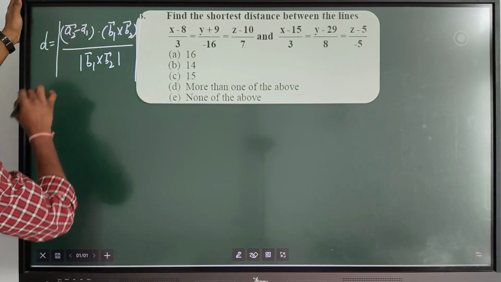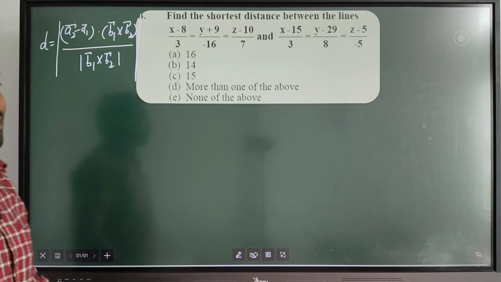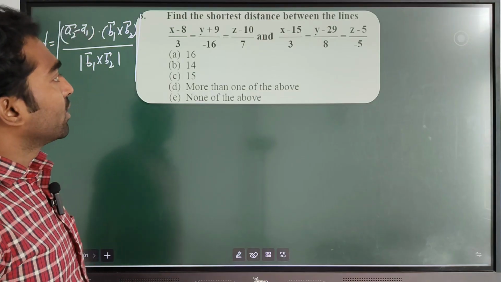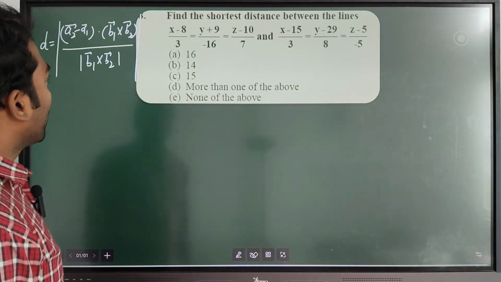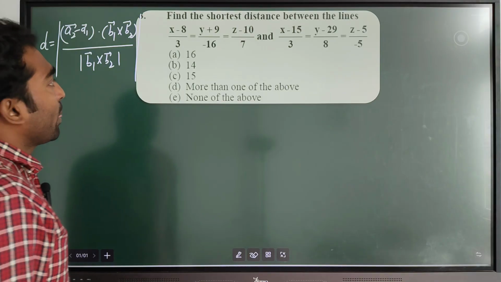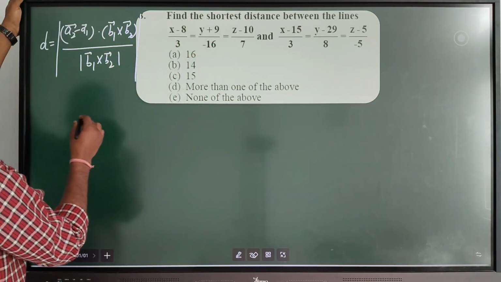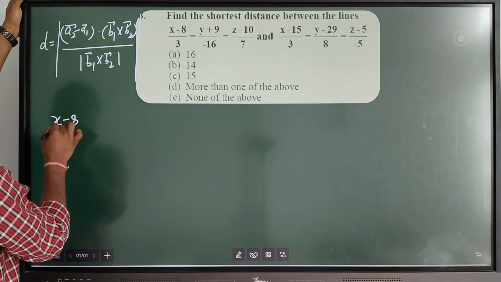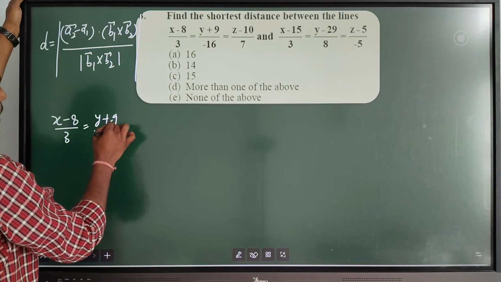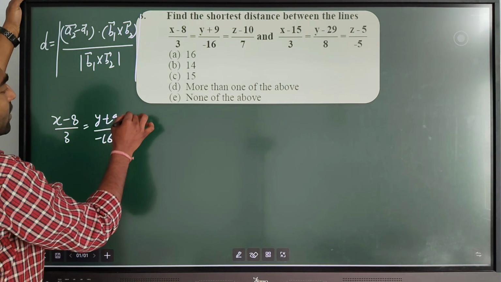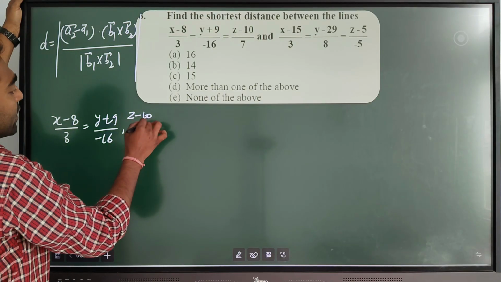This is the formula for the shortest distance between two skew lines. So here, what will be A1 and A2? The first equation is (x minus 8) divided by 3 is equal to (y plus 9) divided by minus 16 and (z minus 10) divided by 7.